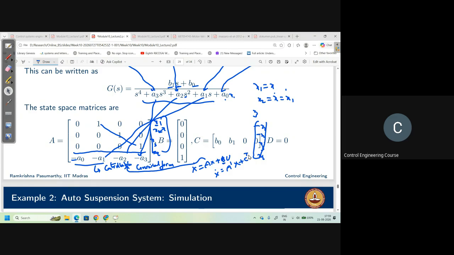That means if we have C and we transpose that, then we will get the observable canonical form. Likewise, y is equal to B transpose x plus D. This I explained in the last class. You can revisit the class notes and you will understand controllable canonical and observable canonical.